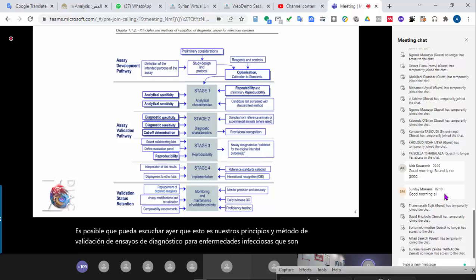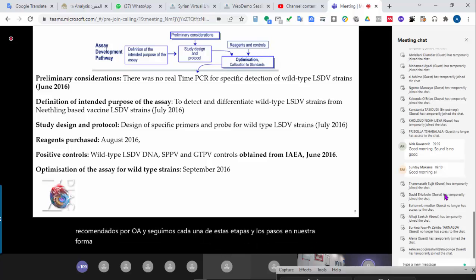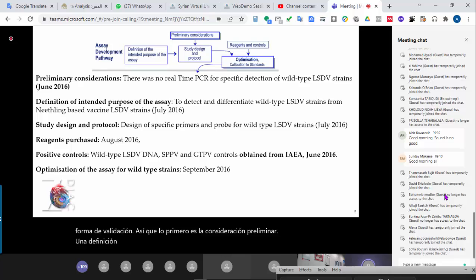We followed each of these stages and steps in our validation. The first thing is preliminary consideration: definition and intended purpose of the assay.